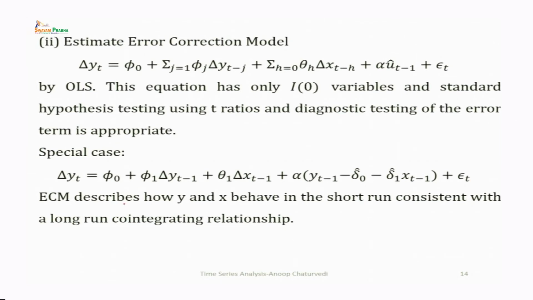The error correction model describes how y and x behave in the short run consistent with a long run cointegrating relationship. This part gives you the long run cointegrating relationship, and these parts are the short term corrections.